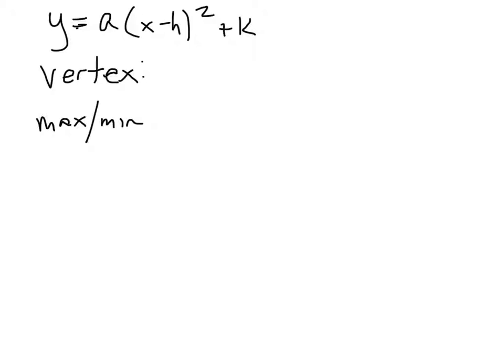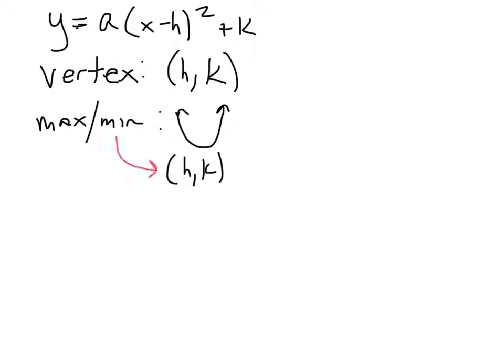So the vertex is very important. In standard form, the way we find the vertex is it's actually just (h, k), which means the max or the min depending on which way it's facing. If it's an upward facing parabola, that's your min. If it's a downward facing parabola, then it's your max.